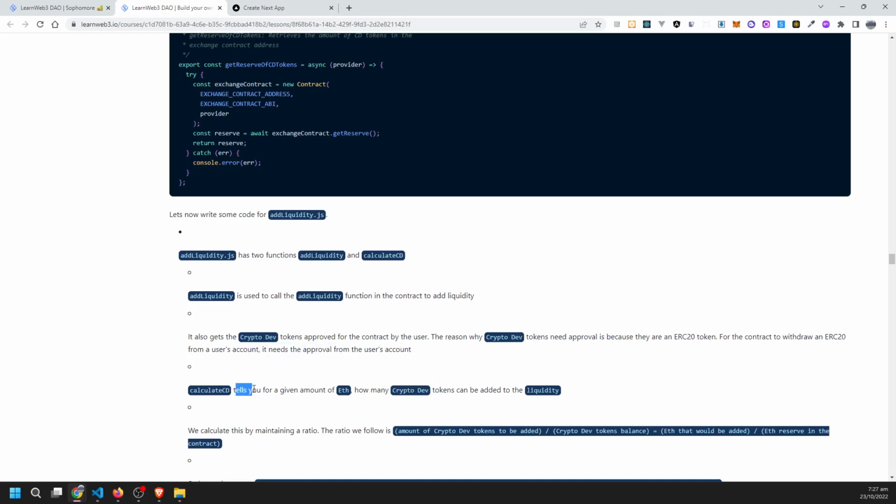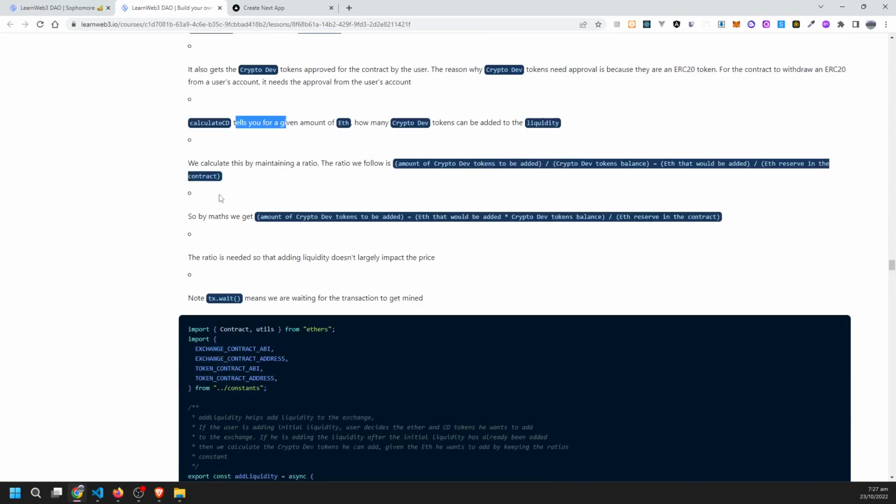Here calculateCD tells you, given an amount of ether, how many Crypto Dev tokens can be added into liquidity. We calculate this by maintaining the ratio. The ratio we follow is: amount of Crypto Dev tokens to be added divided by Crypto Dev tokens balance equals Ethereum that would be added divided by Ethereum reserves in the contract.